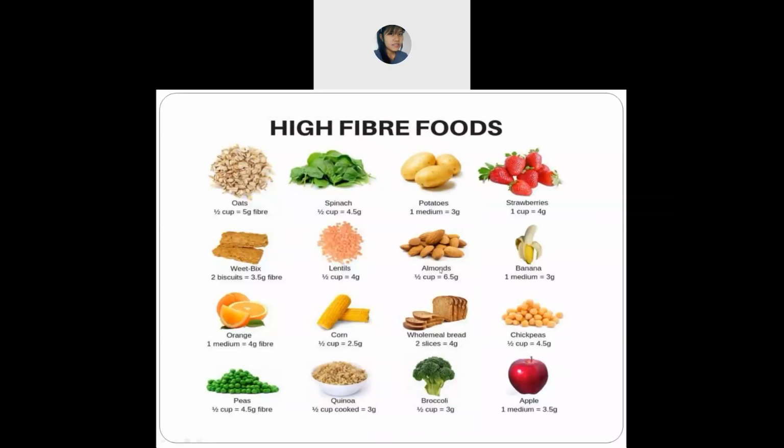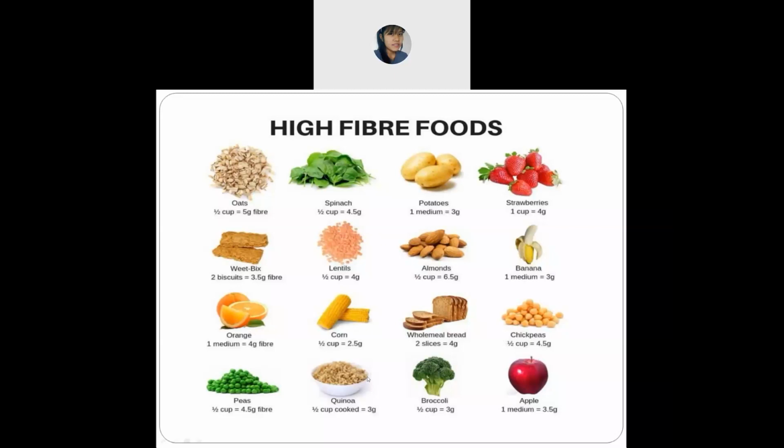Next is almonds, which are also rich in fiber. Next is banana, orange, corn, then wholemeal bread, then chickpeas, all this chana. Next is peas, then quinoa. I hope everybody knows quinoa.